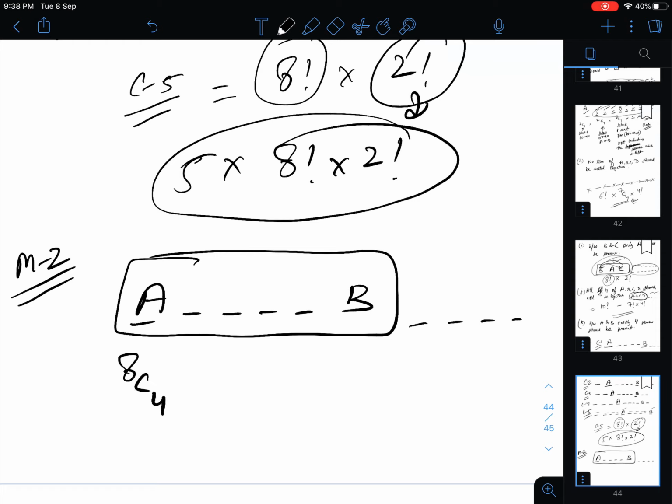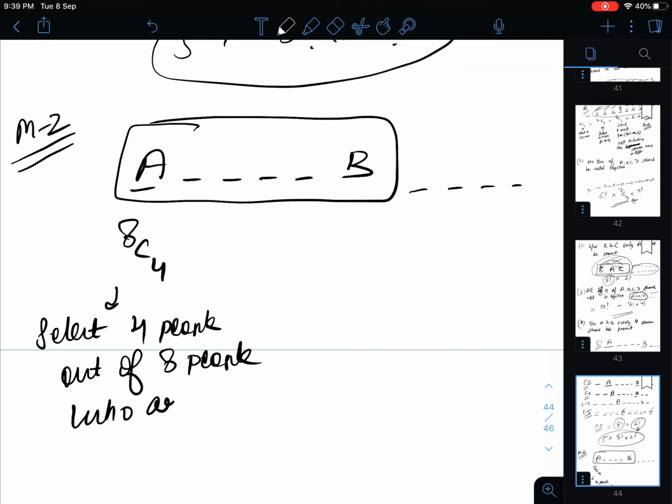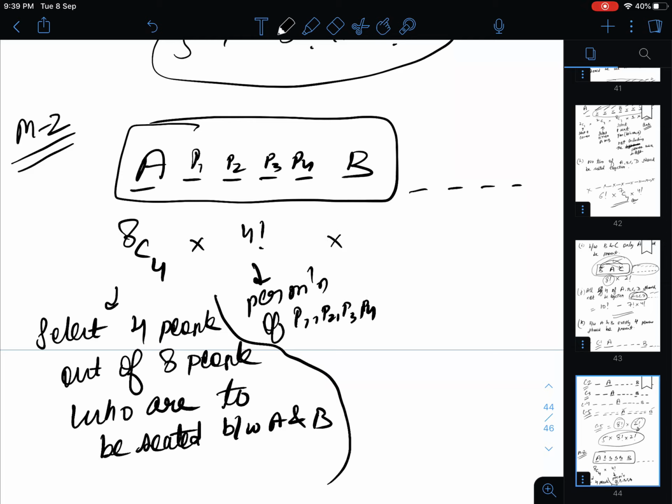First select 4 people out of 8 people who are to be seated between A and B, into 4 factorial, let's say P1, P2, P3, P4. 4 factorial is permutation of P1, P2, P3, P4, into 2 factorial. This is permutation of A and B.